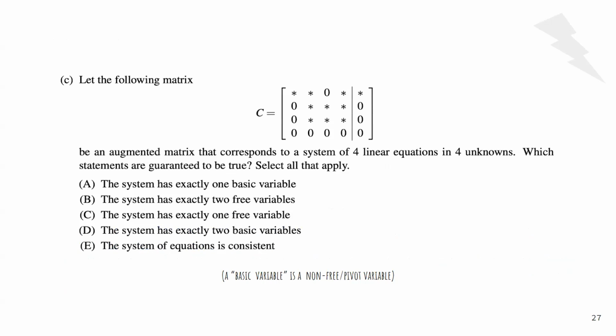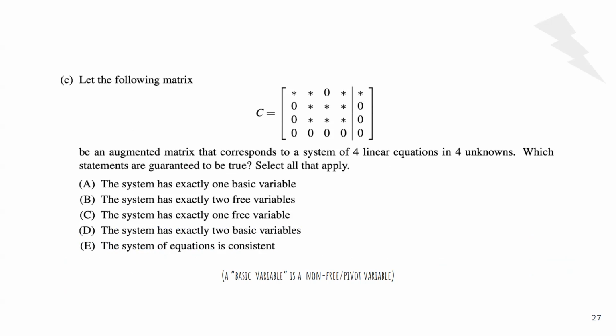Okay, cool. I'm going to go over C and then hand it off for module 3, or module 2. So we're going to first look at this matrix C here. Let it be an augmented matrix that corresponds to a system of 4 linear equations and 4 unknowns. Which statements are guaranteed to be true?